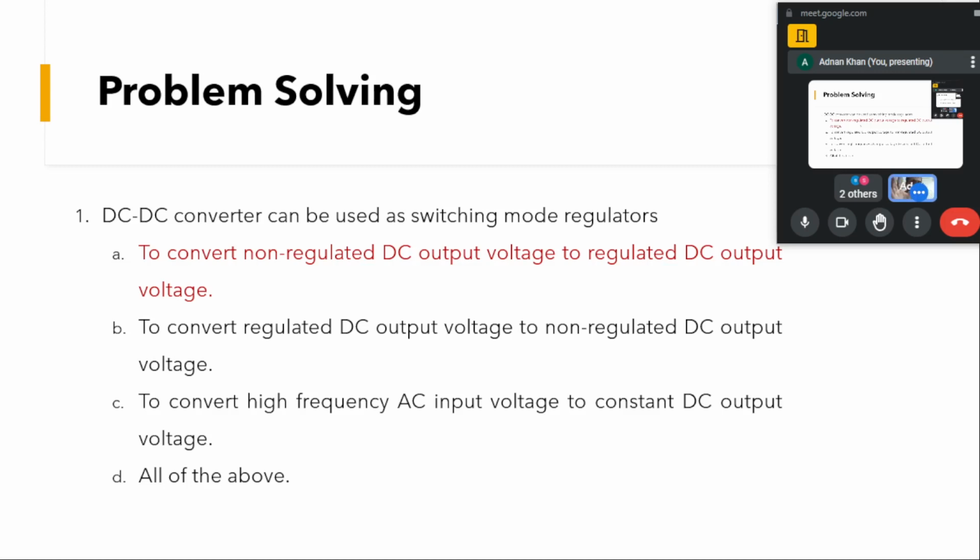By changing the duty ratio, we will be able to regulate this 70 volts at the output. Similarly, if we want some constant voltage at the output, we will switch our DC-DC converters accordingly so as to attain a regulated voltage at the output.